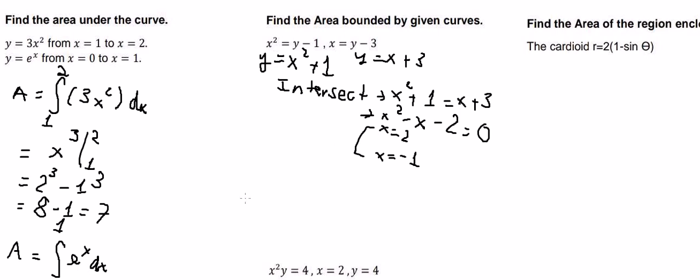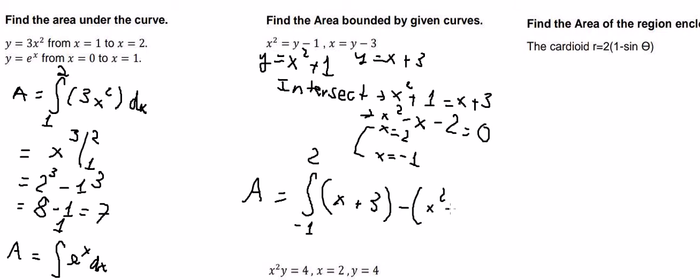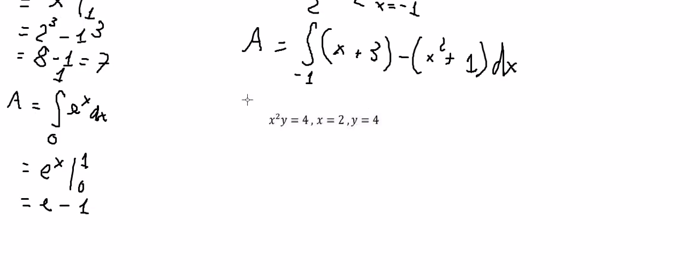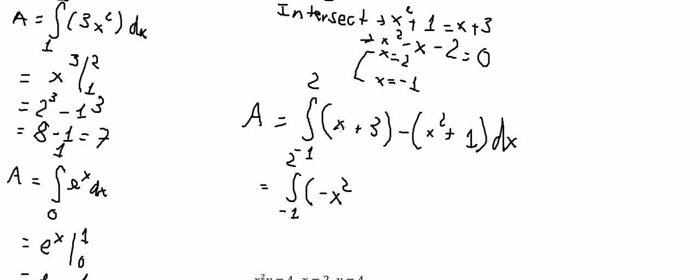We get A equals the integral from negative 1 to 2 of x plus 3 minus x squared plus 1. So you get the integral from negative 1 to 2 of negative x squared plus x plus 2 dx.